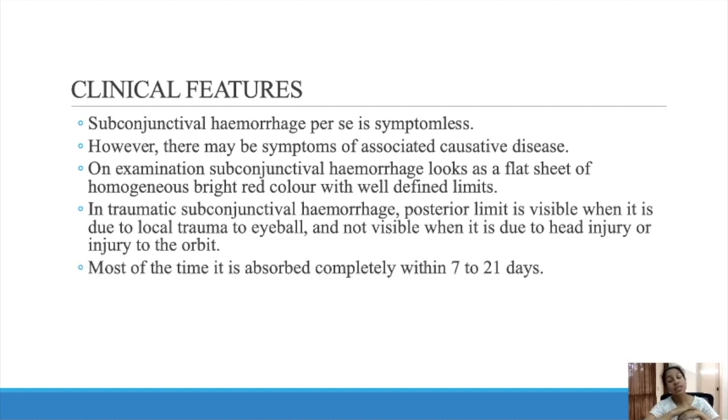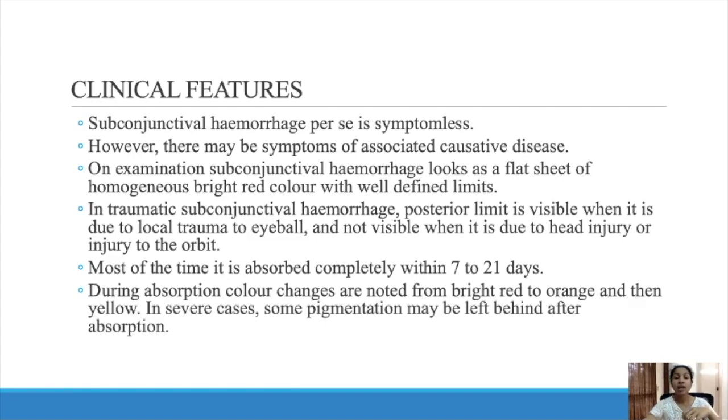Most of the time it is absorbed completely within 7 to 21 days by itself. During absorption, color changes are noted from bright red to orange and then to yellow. First, it is a bright red homogeneous, well-defined area you can see in the scleral region.